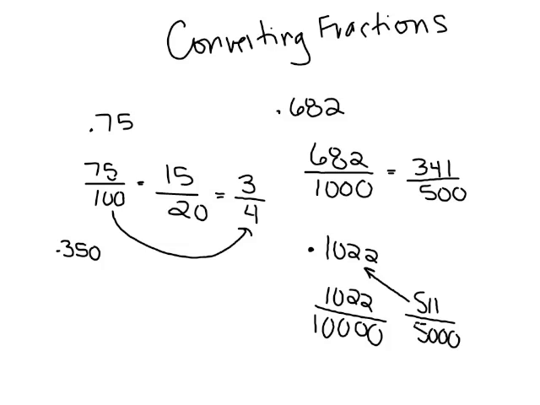What about 0.350? How would I convert that into a fraction? How many places after the decimal? 3. So how many zeros? 3 zeros. Both divisible by 5, 10, 50. Okay, which one should we start with?